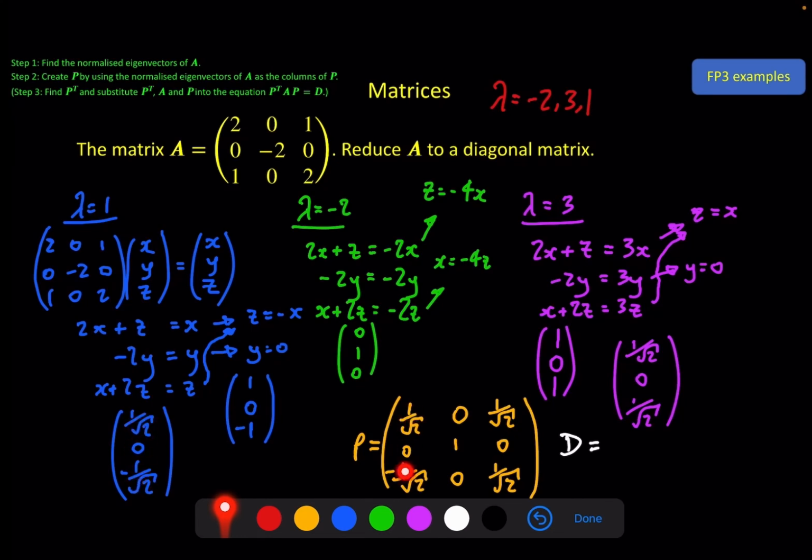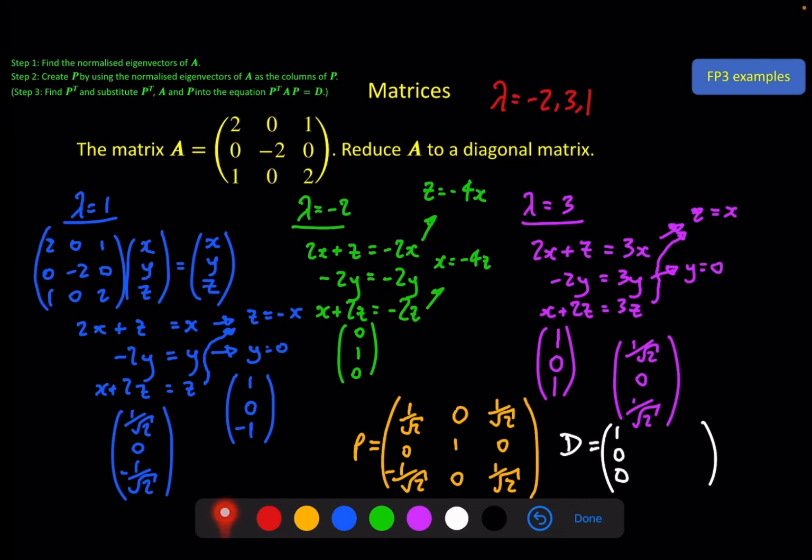Whichever column vector you put first, here the blue one, that's the eigenvalue that needs to go in the first column. And in the first column of my diagonal matrix, I must have zeros here and here, so the eigenvalue 1 goes here.